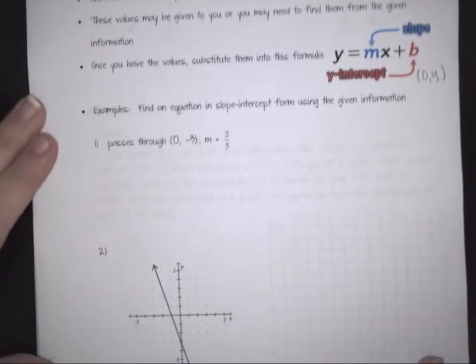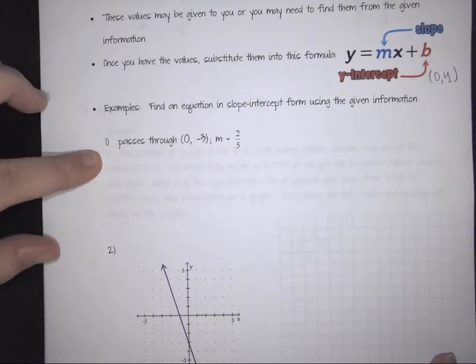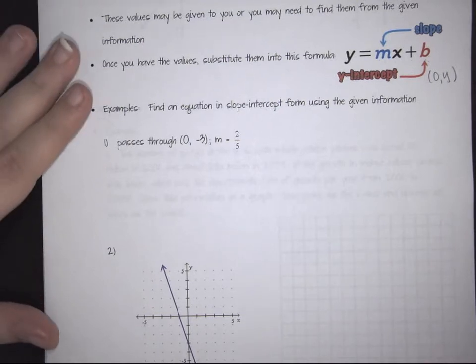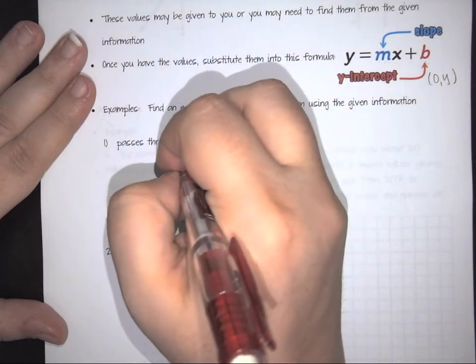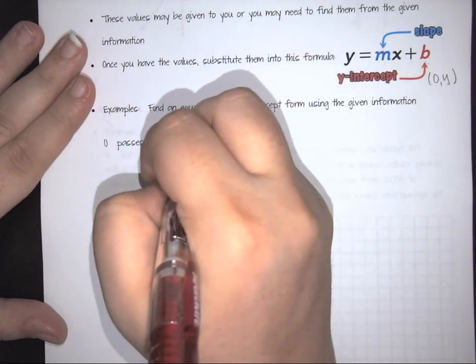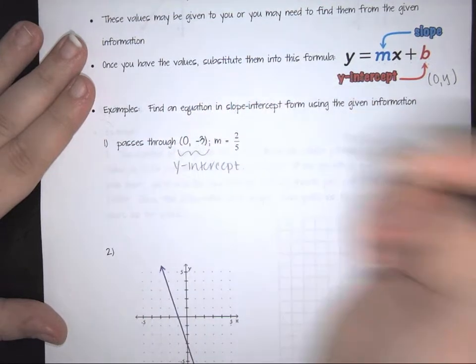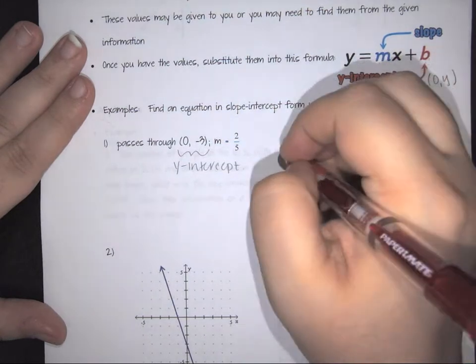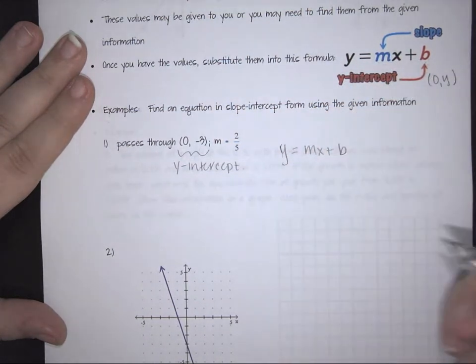Okay. So here we have that you're passing through the point 0, -3 and have a slope of 2/5. So this point here is actually your y-intercept. Therefore, you just simply have to go straight to y equals mx plus b form.